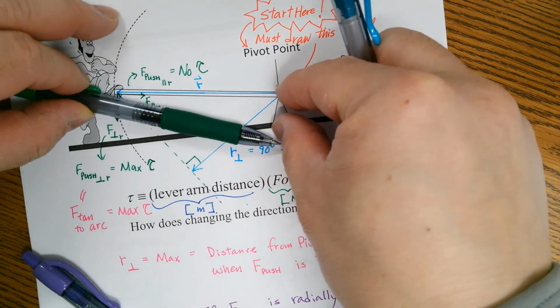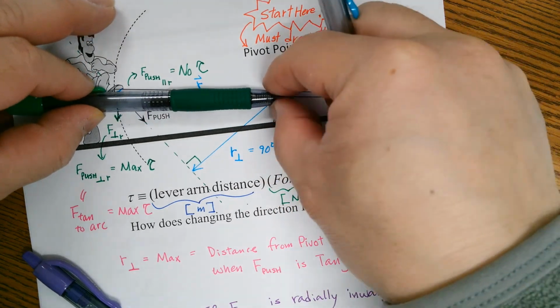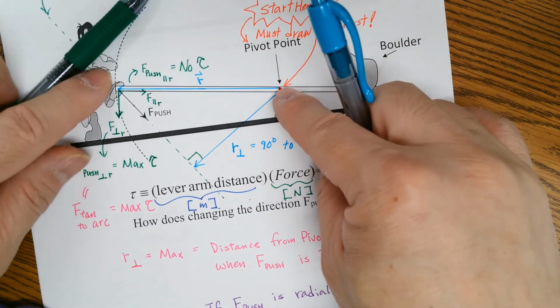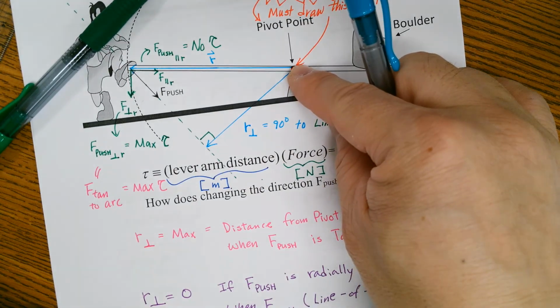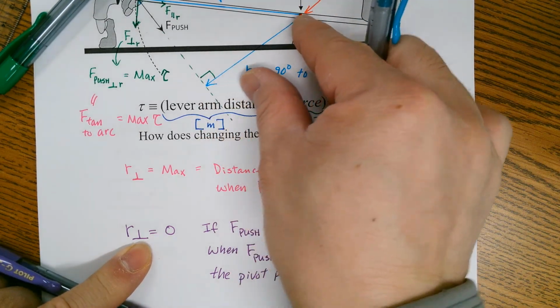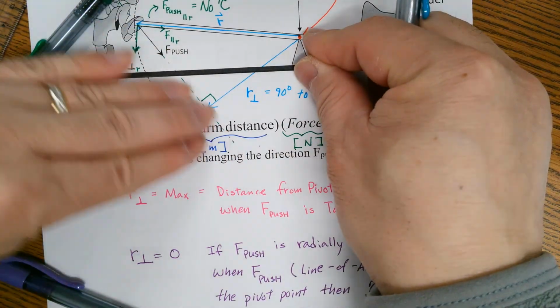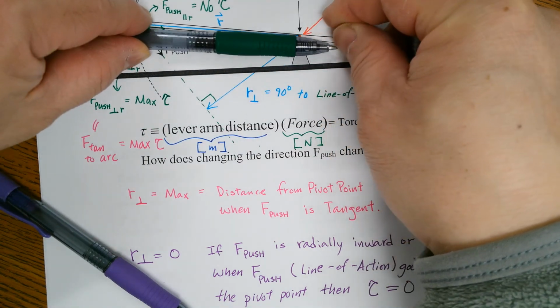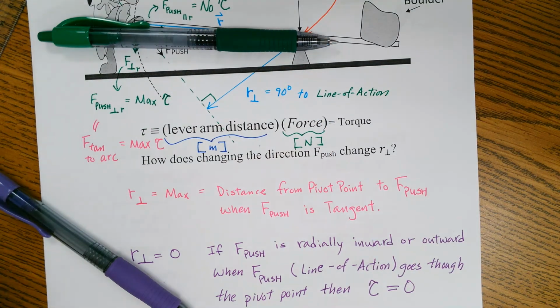It shrinks, shrinks, shrinks. And when it goes through the pivot point, my R perpendicular goes to zero. Okay? So when this shrinks to zero, because this line of action approaches the pivot point, I get zero torque.